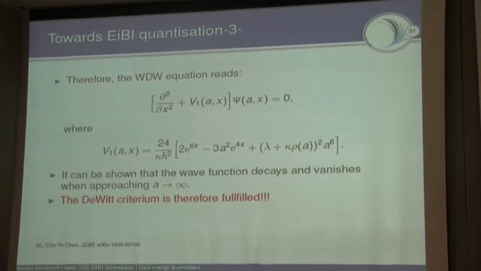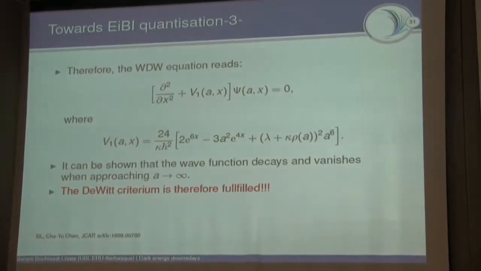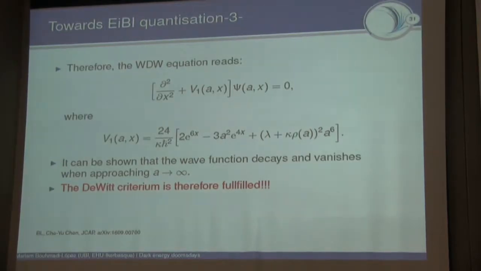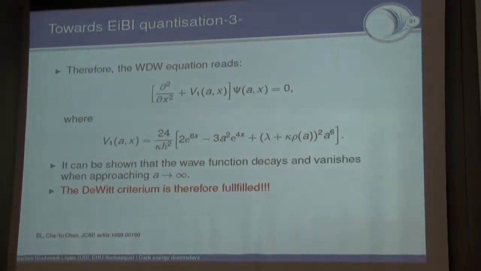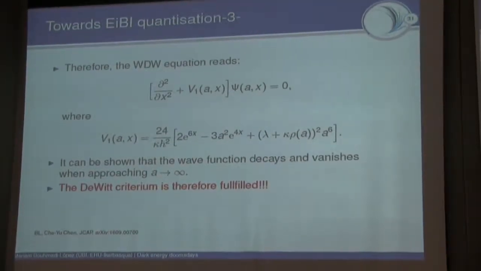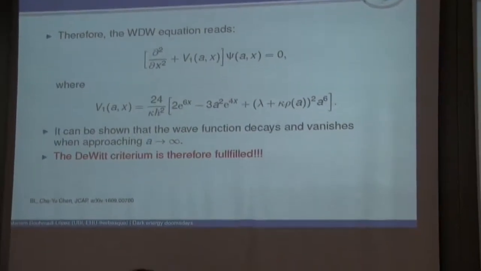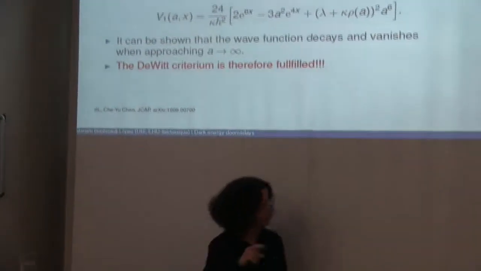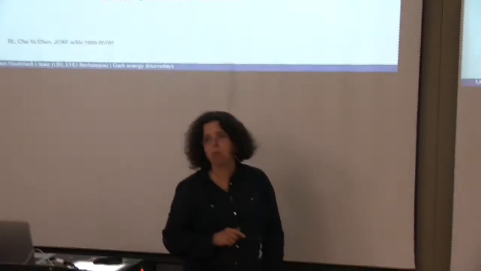And again, we can show that there are solutions to this Wheeler-DeWitt equation that vanish when A goes to infinity, and therefore when we approach the big rip. So in this sense, the DeWitt criterion is fulfilled, and there is no probability of approaching this event.